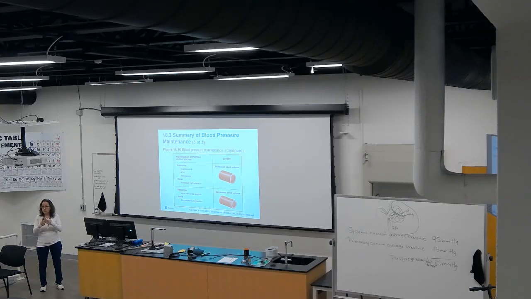So you can end up adding extra liquid to someone who cannot eliminate that liquid or that volume. And then ANP and decreased retention of water can lead to decreased blood volume.